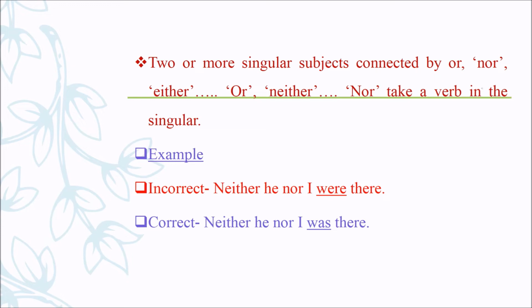No. The correct sentence is neither he nor I was there. Here, he and I are two singular subjects connected by neither nor. So, we have to add a singular verb was to it. So, the correct sentence is neither he nor I was there.